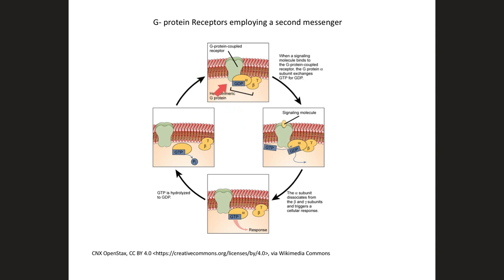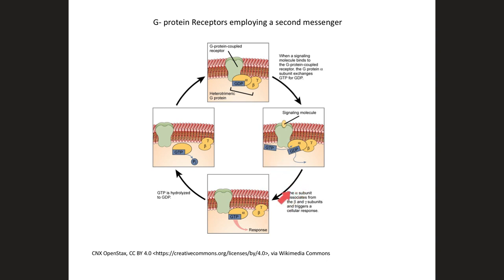Normally, at rest, this G protein is sitting bound to the G protein coupled receptor. But then the receptor receives a signal, and as a result, the alpha subunit exchanges GDP for GTP. So now the alpha subunit is bound to guanine triphosphate, which has three phosphates instead of two.